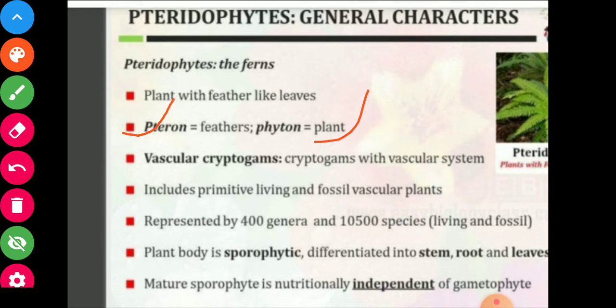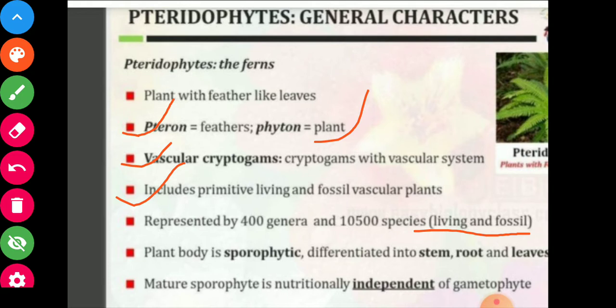They are vascular cryptogams, meaning they have vascular bundles, that is xylem and phloem. This includes primitive living and fossil vascular plants. They are represented by 400 genera and 10,500 species. They include living and fossils both.